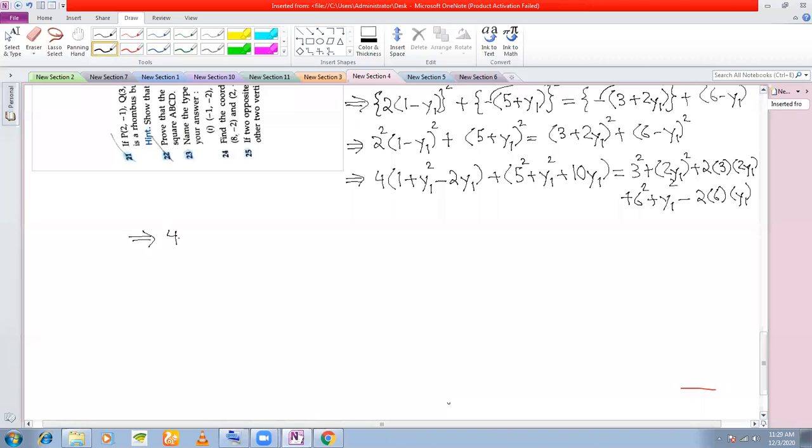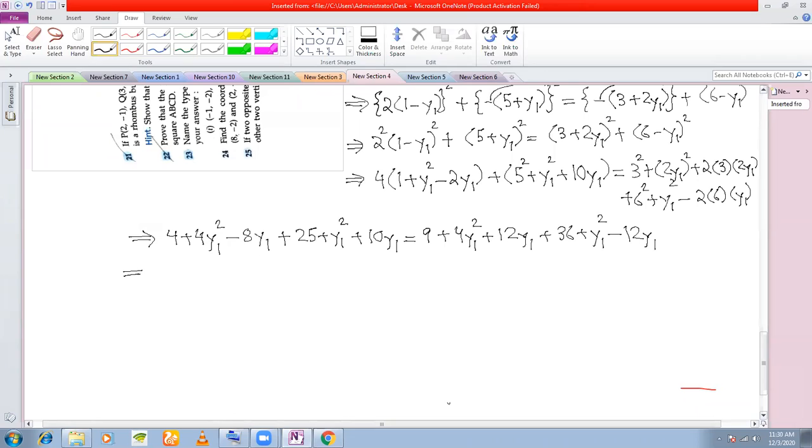We have 4 plus 4y1 square minus 8y1 plus 25 plus y1 square plus 10y1 is equal to 9 plus 4y1 square plus 12y1 plus 36 plus y1 square minus 12y1.